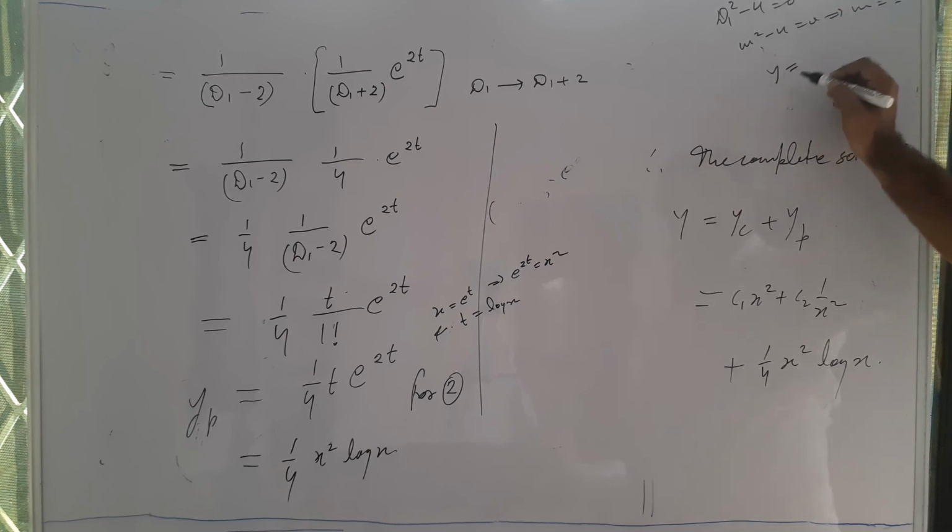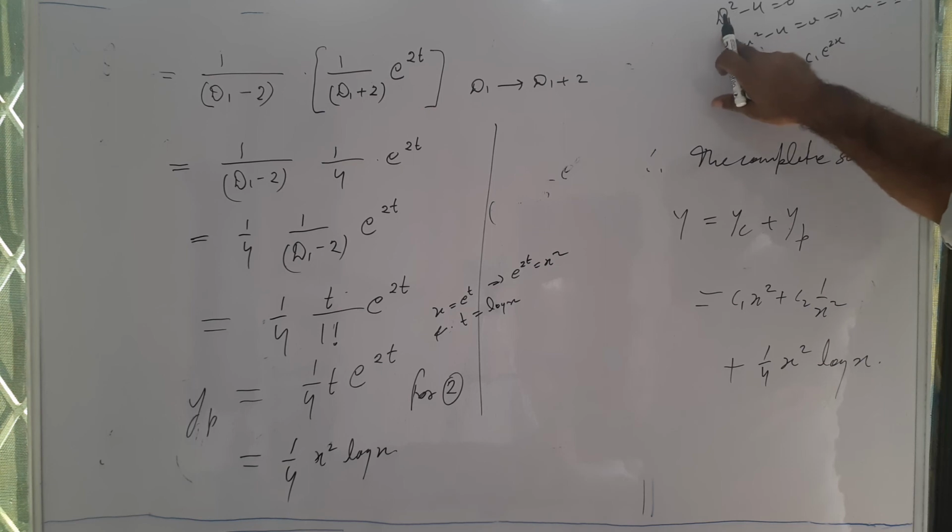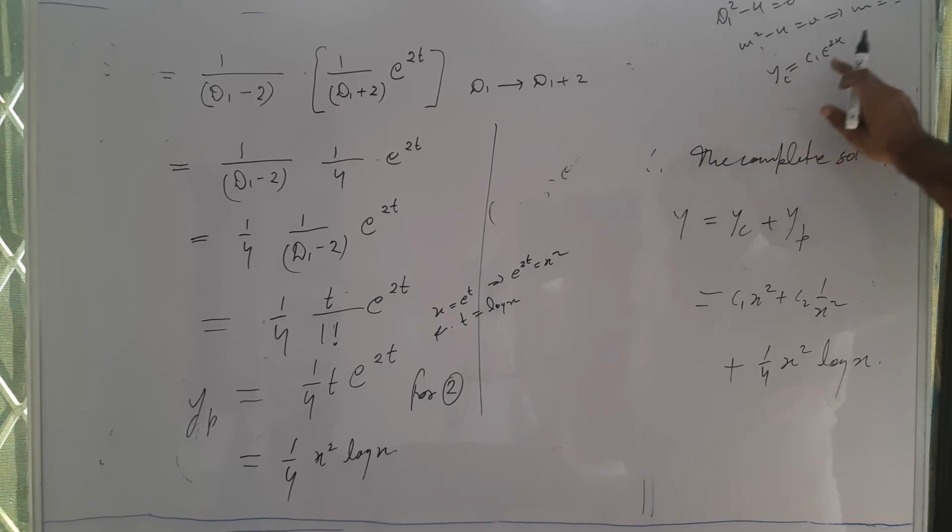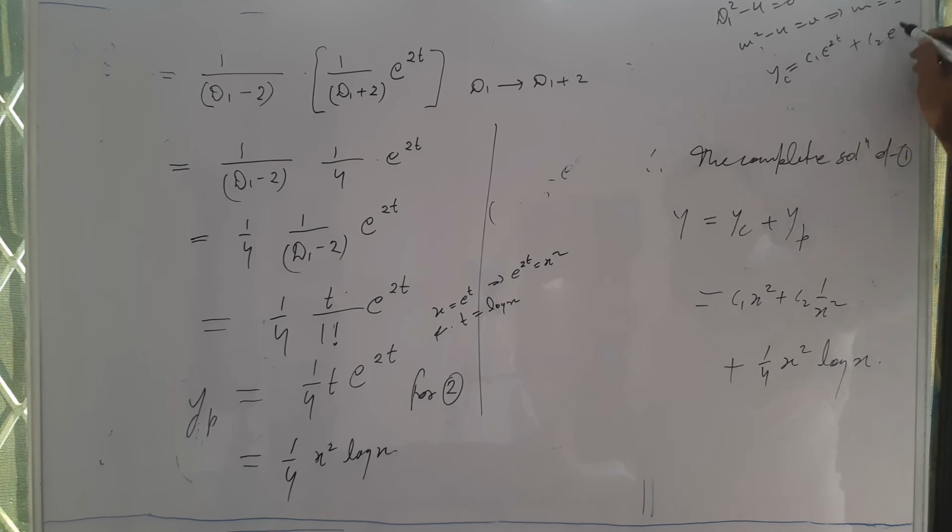Mostly students write yc is c1 e to the power 2x. No, here D1 is d over dt, so we write e to the power 2t and c2 e to the power minus 2t, like this.